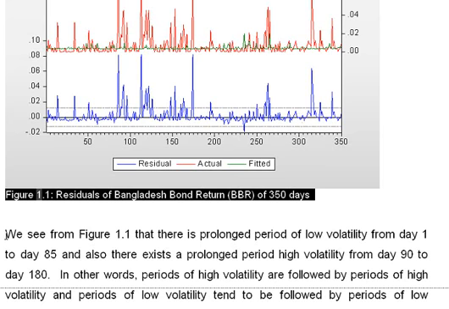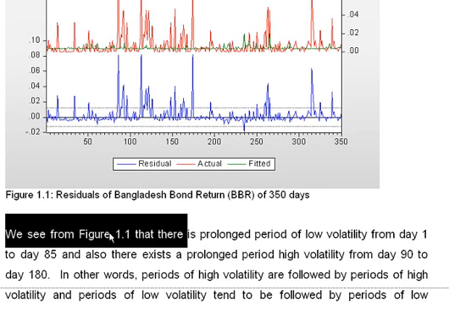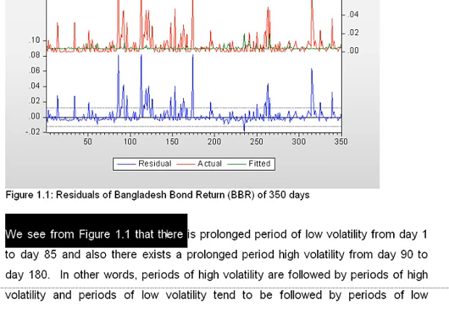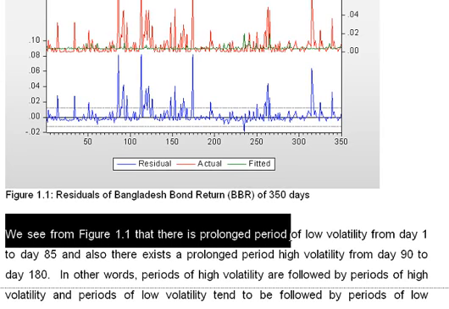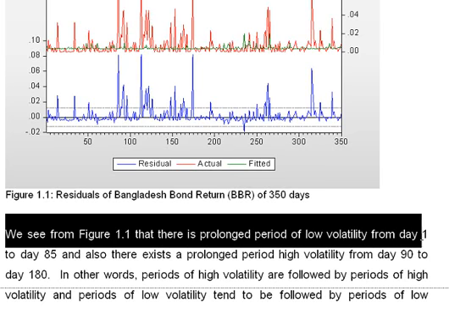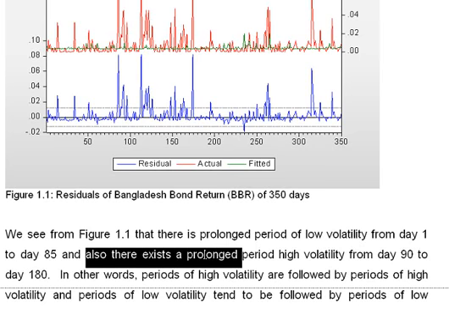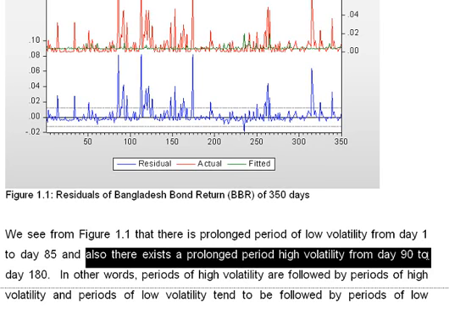We see from figure 1.1, figure 1.1 means this one, right? We see from figure 1.1 that there is a prolonged period of low volatility from day 1 to 85, and there is a prolonged period of high volatility from day 90 to day 180. What does it mean? You can see from here, from day 1 to day 85.